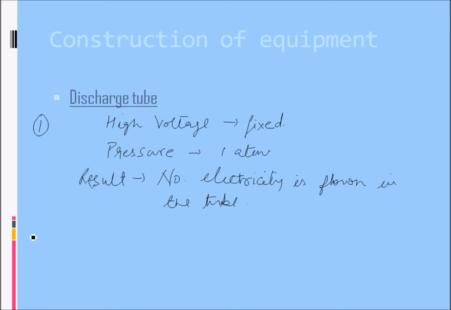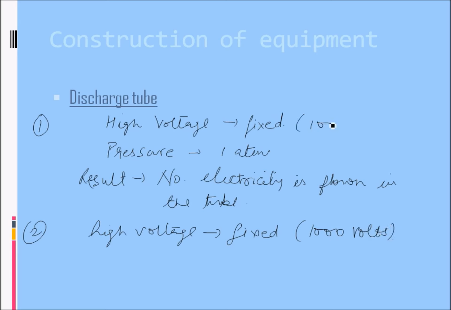In the second condition, he kept the voltage fixed at 1000 volts, and the pressure was slightly decreased to 1 mm of mercury.